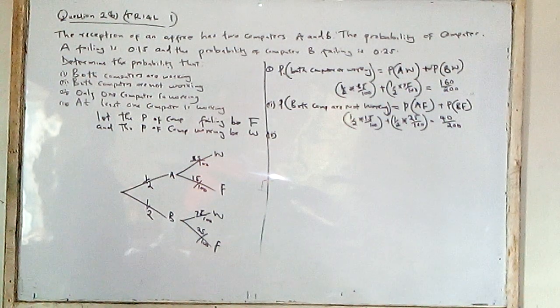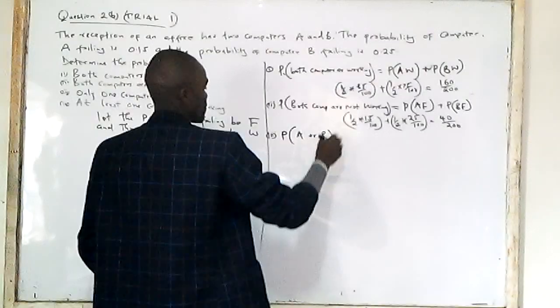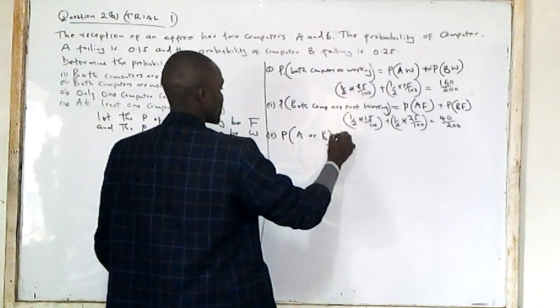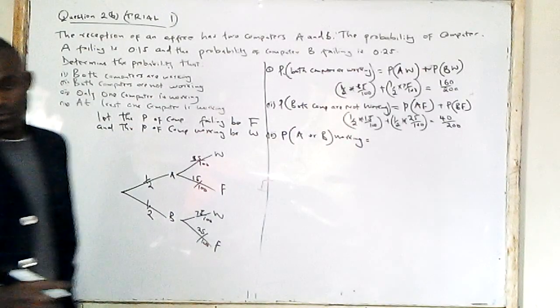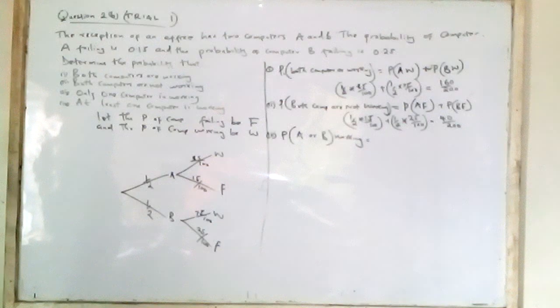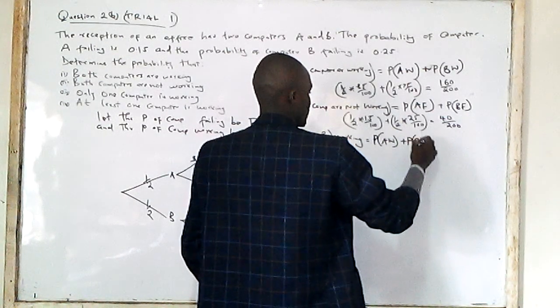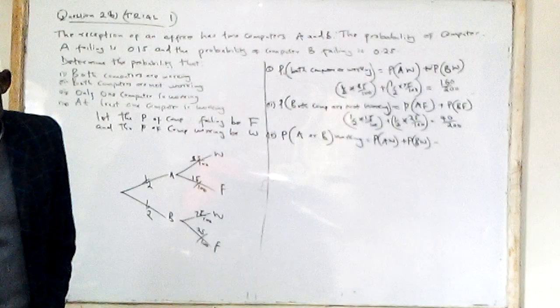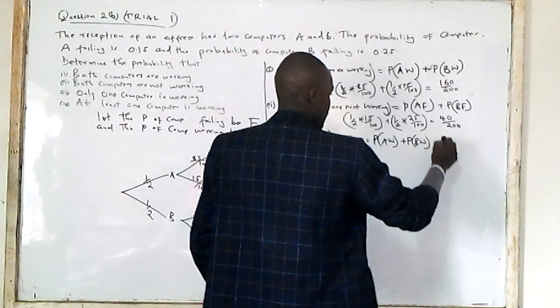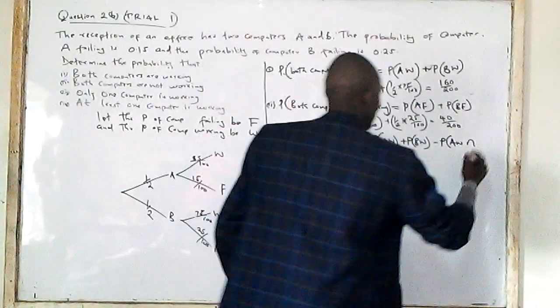So it is either computer A or computer B. So you say probability of A or B working is equal to the probability AW plus probability BW minus the probability of AW combination BW.